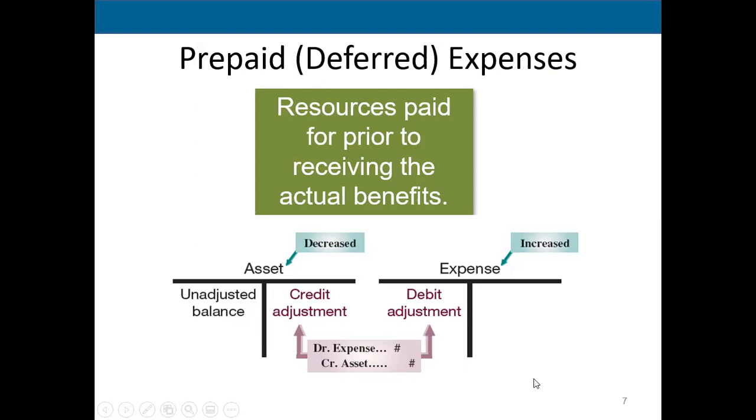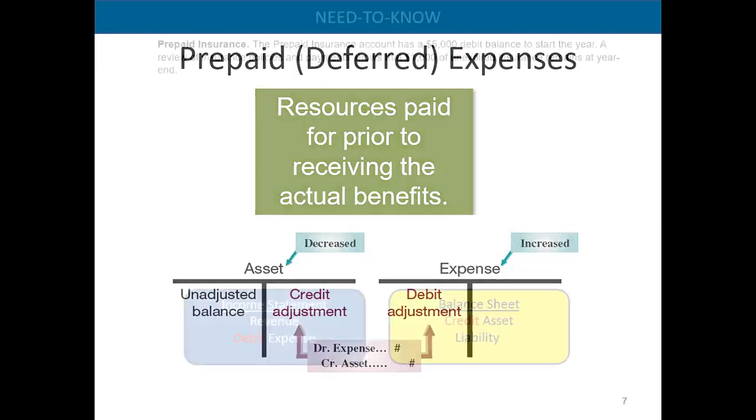And so when we think about prepaid insurance, and we had a prepaid insurance journal entry in our transactions, when we purchase prepaid insurance with cash, we're debiting prepaid insurance, crediting cash. And so then when we have to adjust this account, we're debiting insurance expense, crediting prepaid insurance.